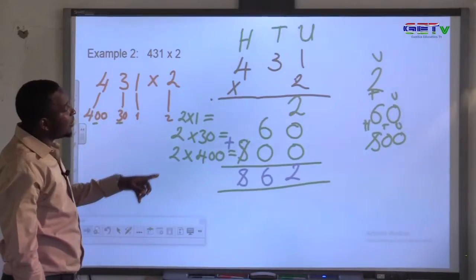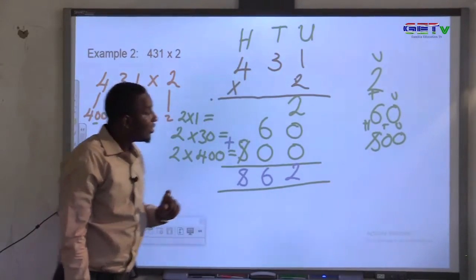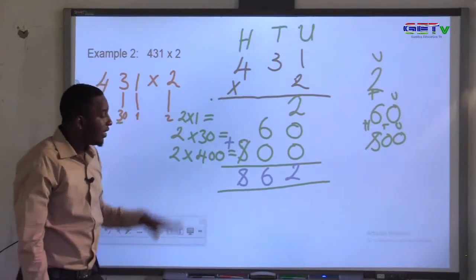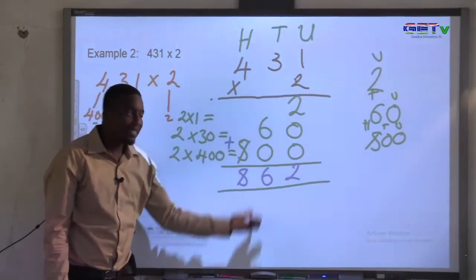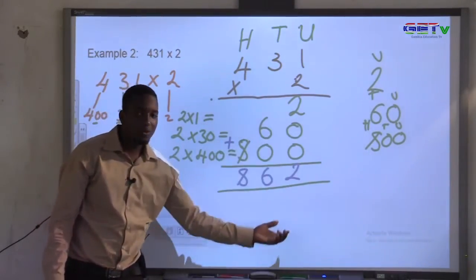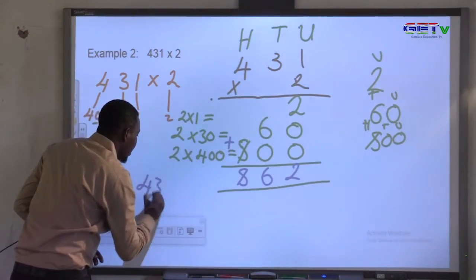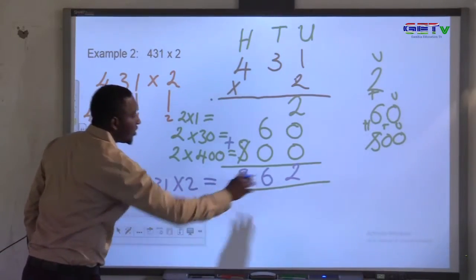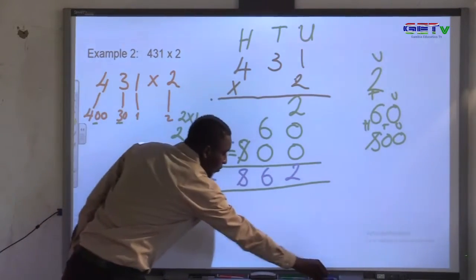If we multiply 2 by 431, your answer is going to give you 862. In 862, we have 8 hundreds, 6 tens, and 2 units. So 431 multiplied by 2 will give us 862. Let's see if we will have one more example.